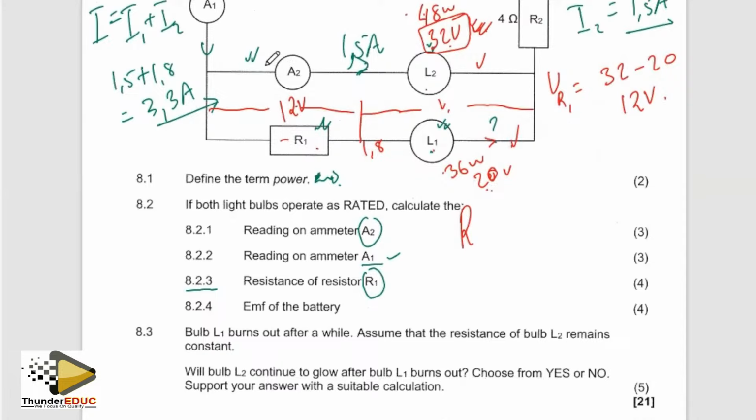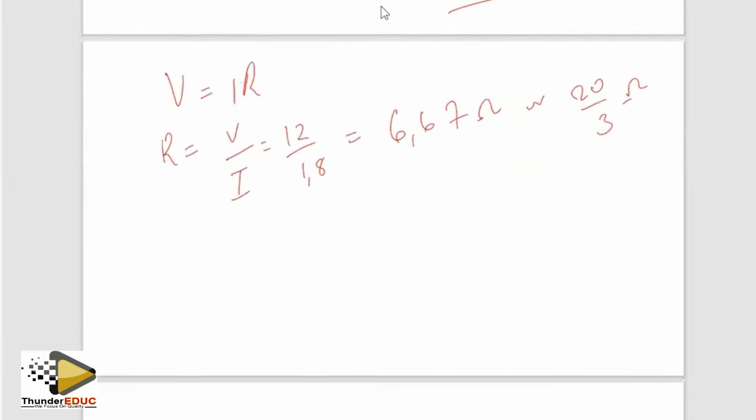So 8.2.3 is done. Then 8.2.4, they want us to get the EMF of the battery. We know that the formula for EMF is I into R plus small r. We know the current. Or how about if I look at it in a different way, using the voltages?